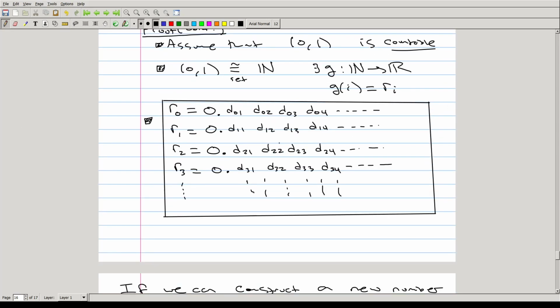Because we're assuming that this listing of numbers is coming directly from this bijection between the natural numbers and (0, 1), and contains all of the real numbers in the interval from 0 to 1.